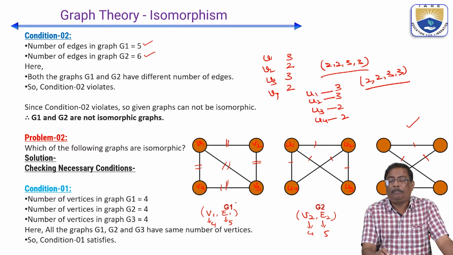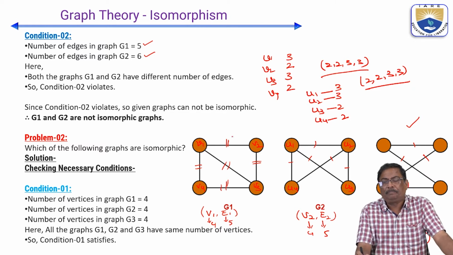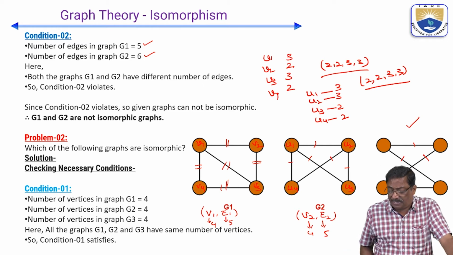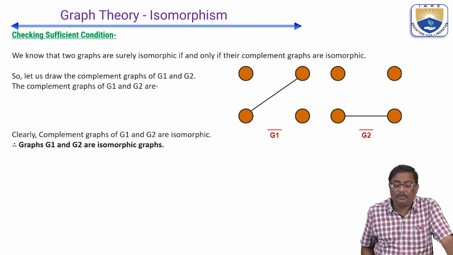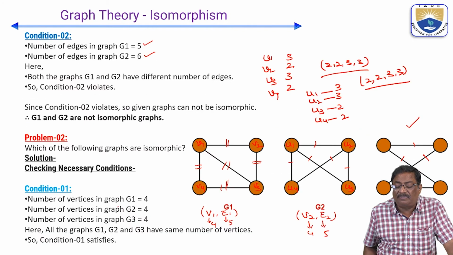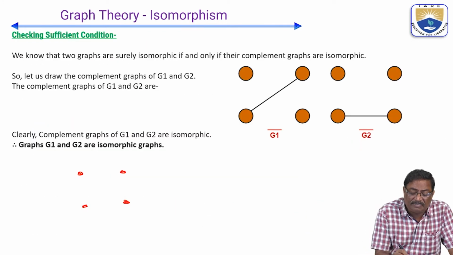Whatever graph exists, whatever the edges are, if you consider a complete graph... So, I am going to consider a complete graph. Let us say this graph is given, G1 is like this.